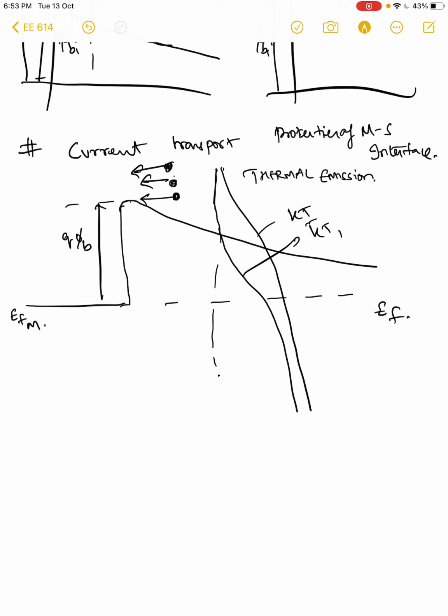Or for electron energies which are smaller than this barrier height, the probability to actually cross the barrier depends upon the width here, and it is called field emission. Why?